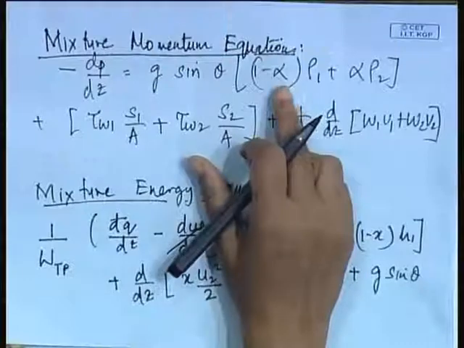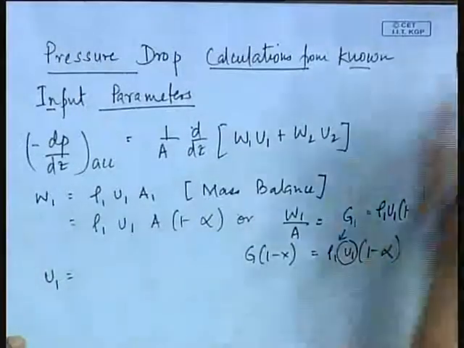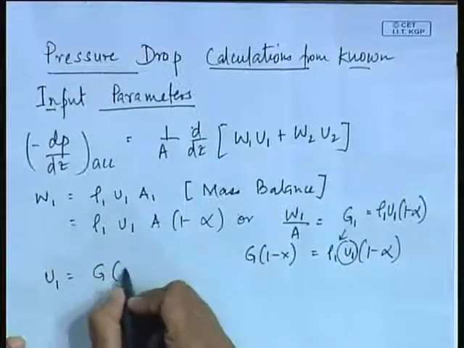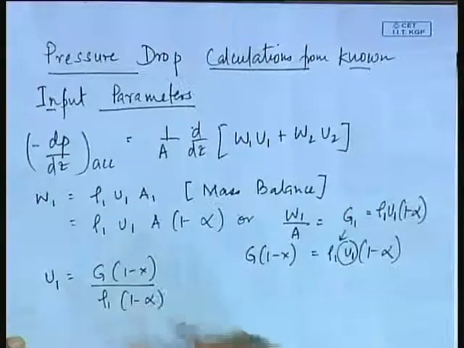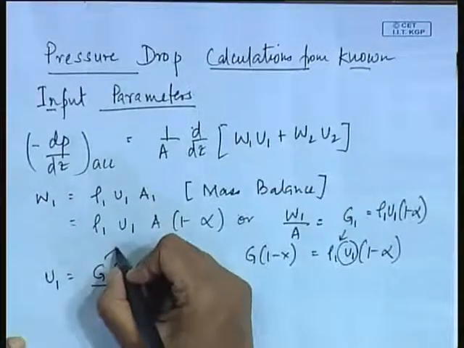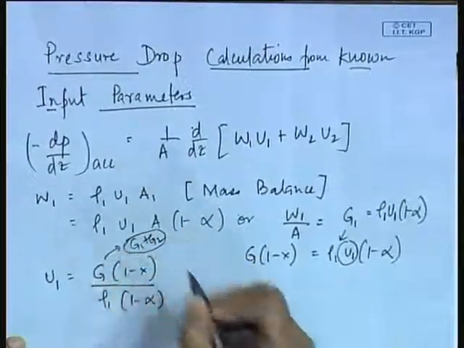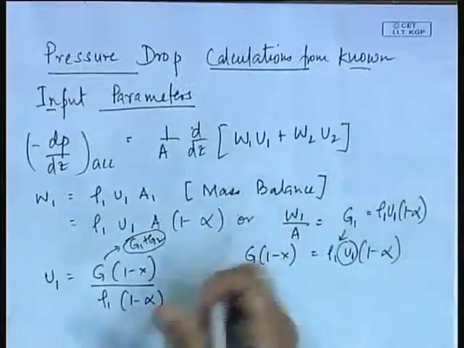So, therefore, we get u1 in terms of alpha as well as other known measurable properties. So, u1 becomes G into 1 minus x by rho 1 into 1 minus alpha. G we already know is nothing but G1 plus G2, isn't it? Or in other words, it is nothing but W1 plus W2 by A, isn't it?